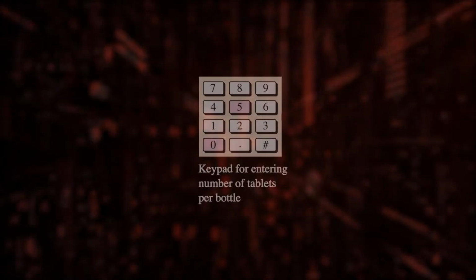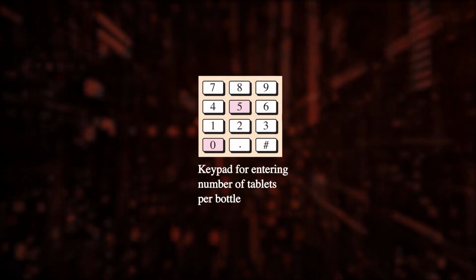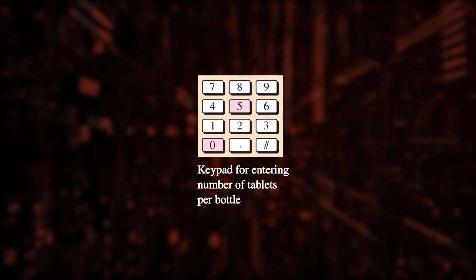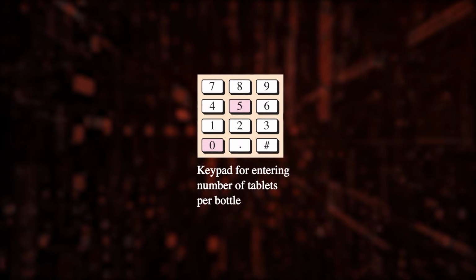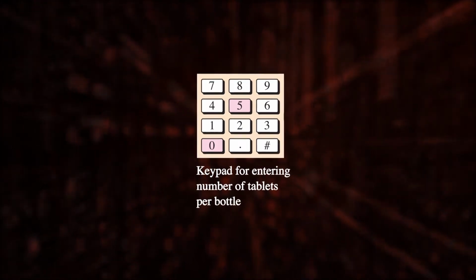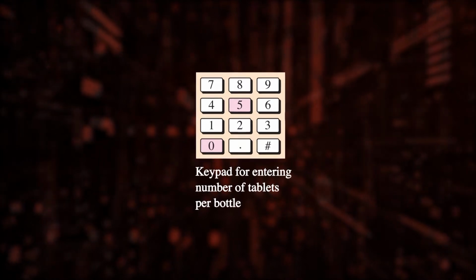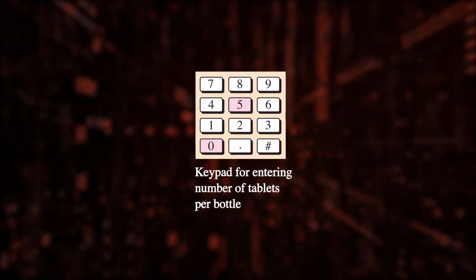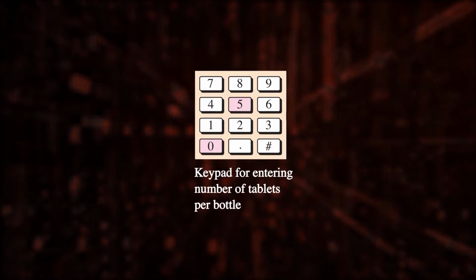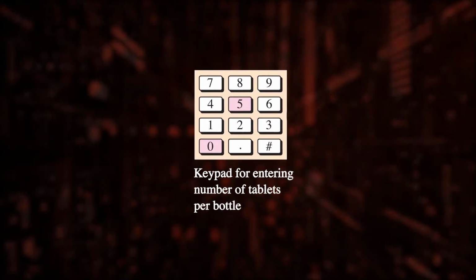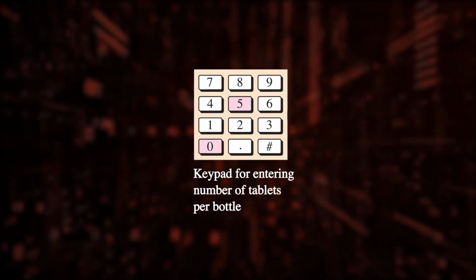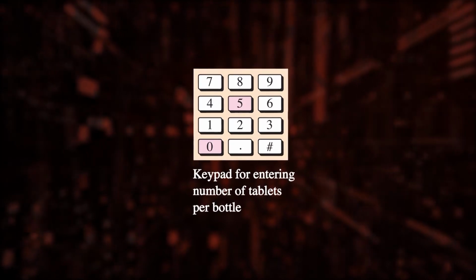The very first operation is giving the number of tablets to be filled in a single bottle. We have to input the number of tablets to be filled in each bottle. This is entered through a keypad. This number is to be stored somewhere so that the filling system can check the count of tablets after filling each tablet. How is this performed?